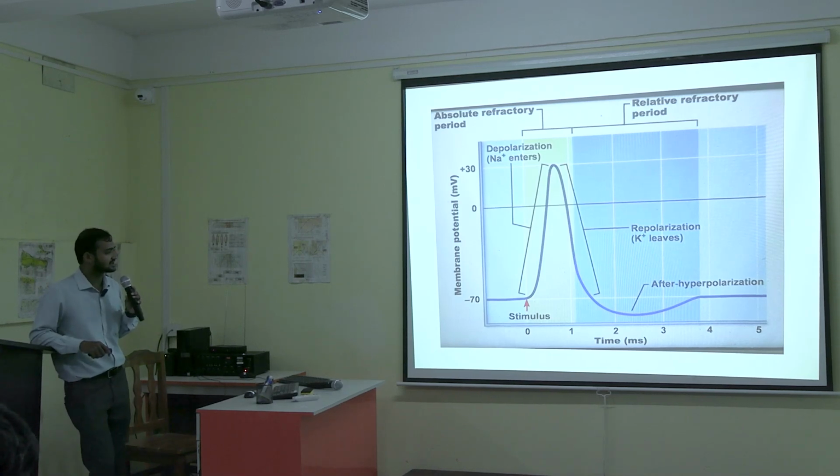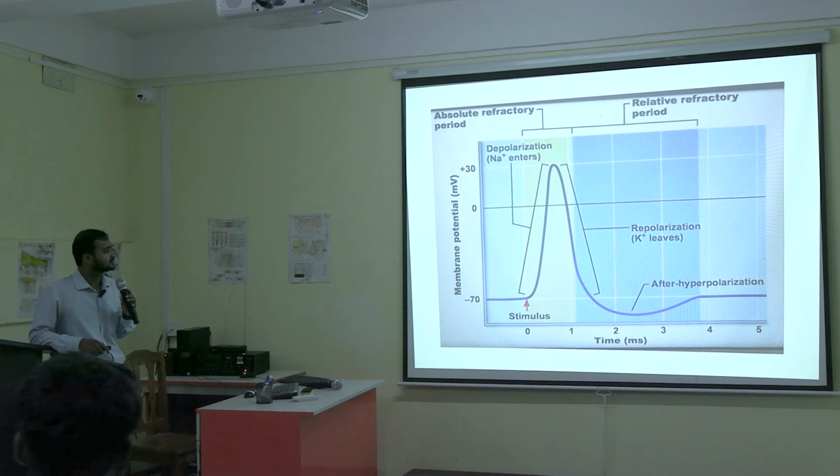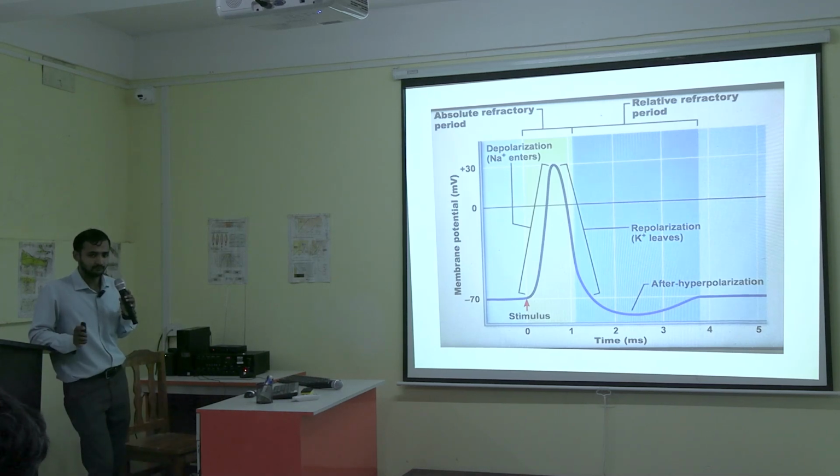What happens in a nerve cell is there must be a certain threshold to produce a response. In this case it will be at least 10 to 15 millivolt. If it reaches 10 to 15 millivolt, the stimulus will act on the particular cell, and there will be a refractory period.